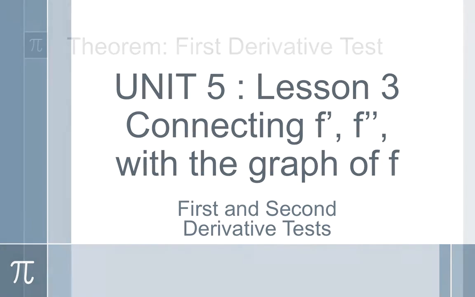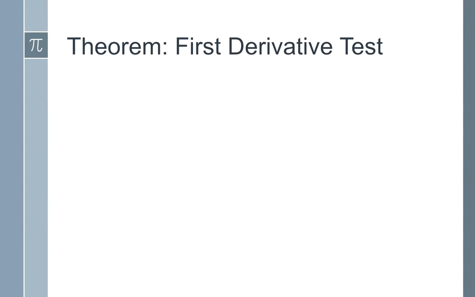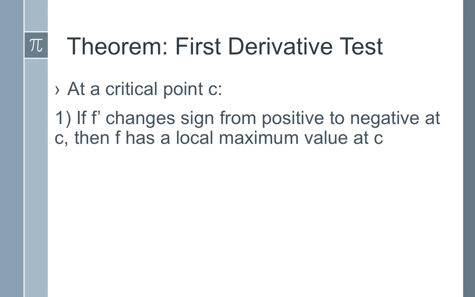So let's go ahead first and look at the first derivative test. At some critical point, like the ones we've been dealing with lately, if the derivative changes sign from positive to negative, so the derivative is positive at one point and then negative on the other side of c, that means you have a local maximum at c.